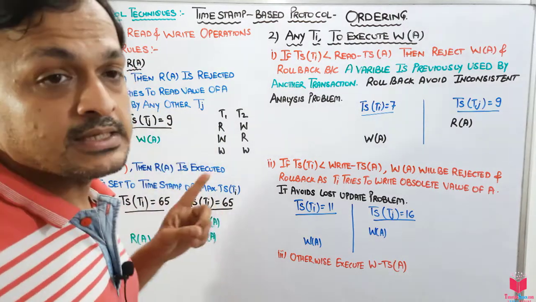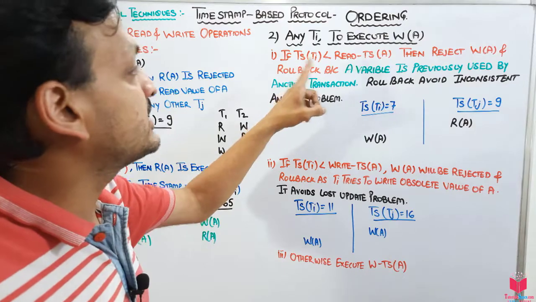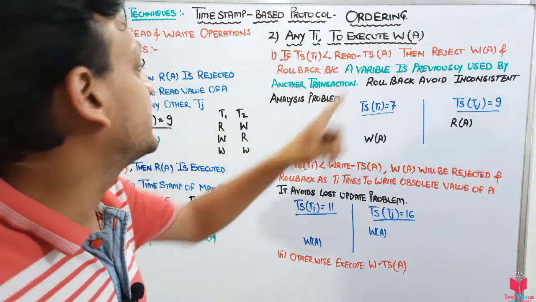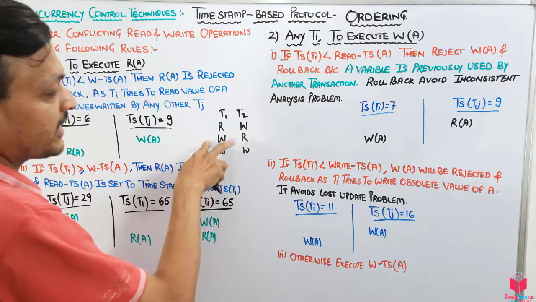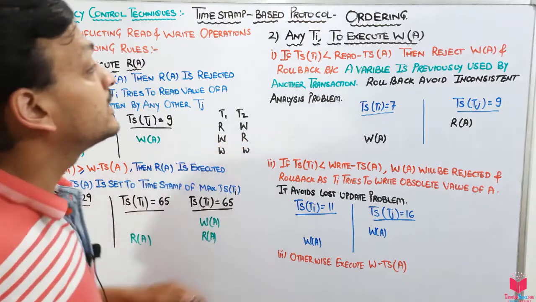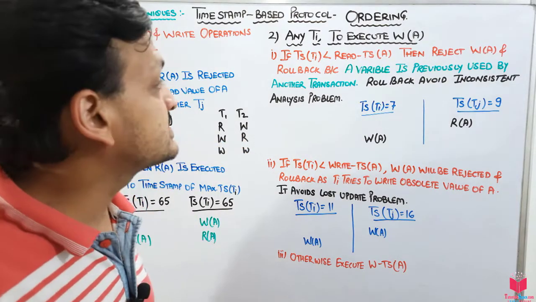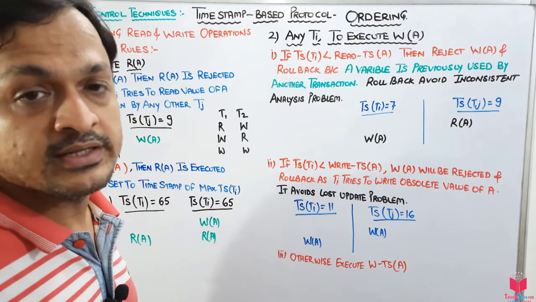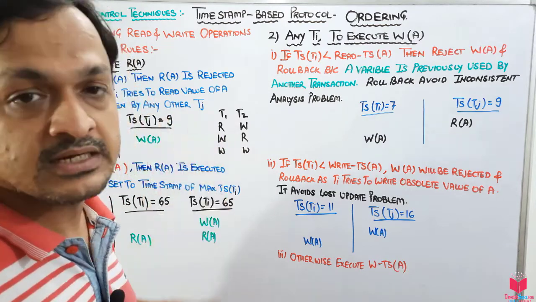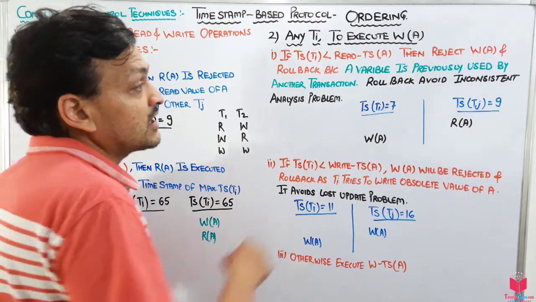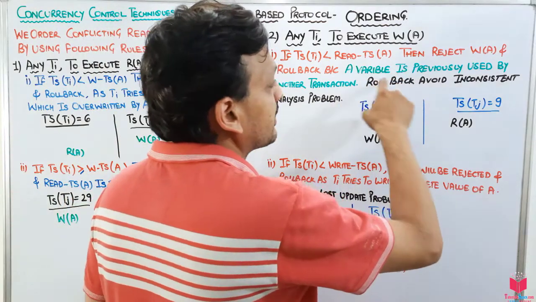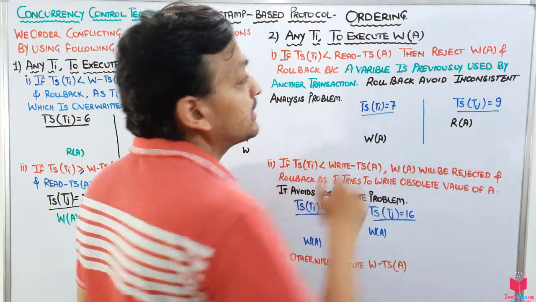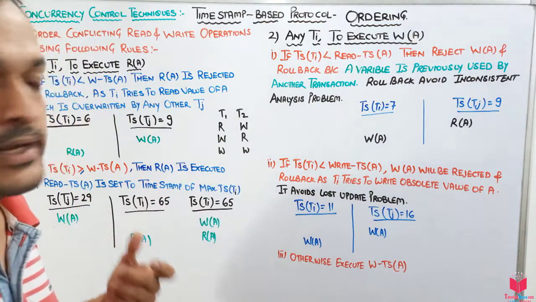Suppose the timestamp of Ti is less than the read timestamp of A, meaning it wants to write and we are comparing with the read one. Then we will reject W(A), that is, the write operation by Ti will be rejected and rolled back, because the variable is previously used by another transaction.